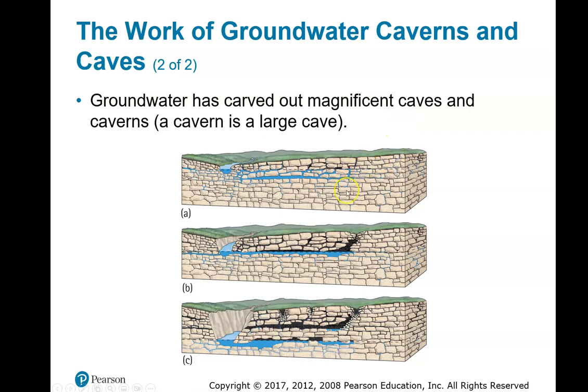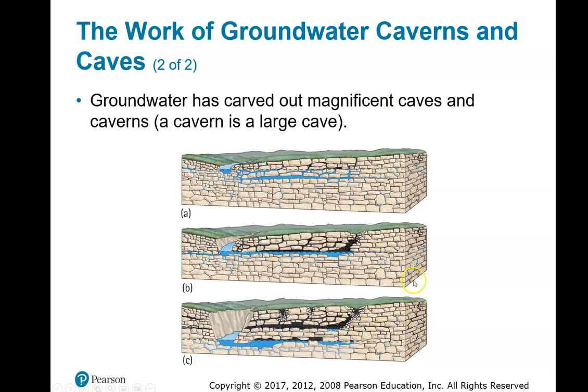The groundwater has caused the limestone to erode away, flow away with the movement of the water, and left these gigantic caves. It's incredible the size of this cave. They have tours, and it's kind of cool. You get to go in there and they turn off all the lights so that you can see exactly how dark it is for a moment or two.